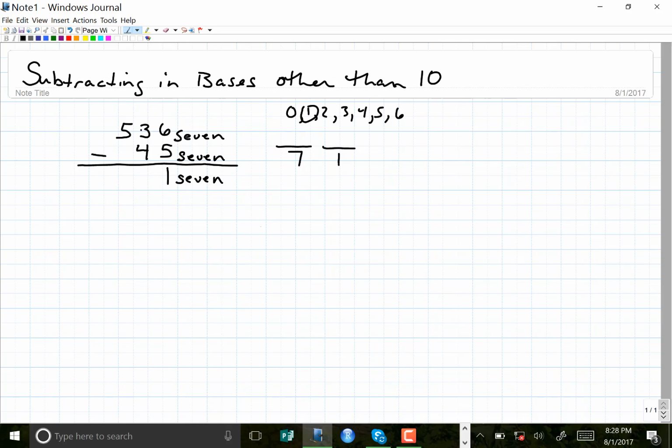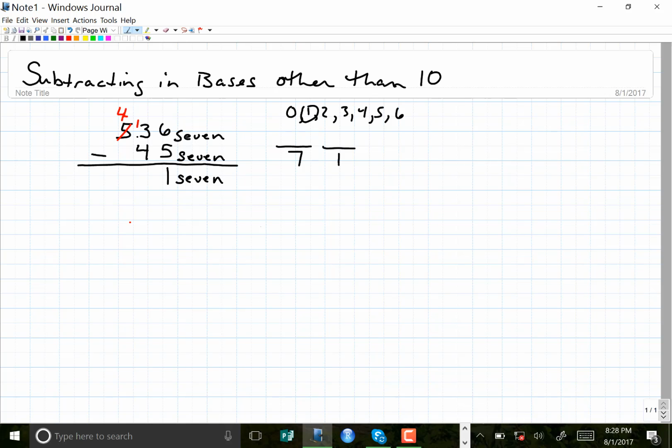All right, now here's where we're going to end up having to borrow. So we have 3 minus 4, I can't do it, so I'm going to have to borrow 1 here. Just like when we borrow in base 10, we're going to reduce this by 1, and we're going to put that 1 in front of this number. Now here's where it gets tricky.